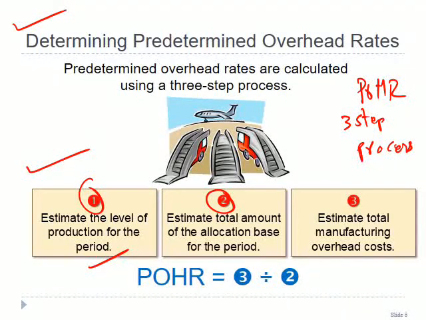The second one is we estimate the total amount of allocation base in the denominator that would be required for the level of production. And finally, step 3, we estimate total manufacturing overhead cost in the numerator that would be incurred for the estimated amount of the allocation base. So the predetermined overhead rate is calculated by step 3 divided by step 2, right?